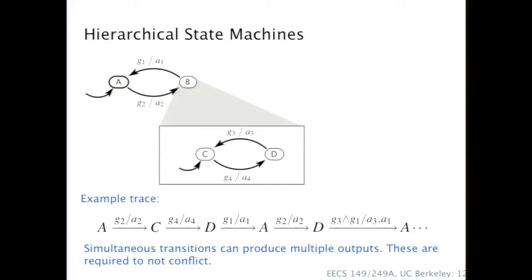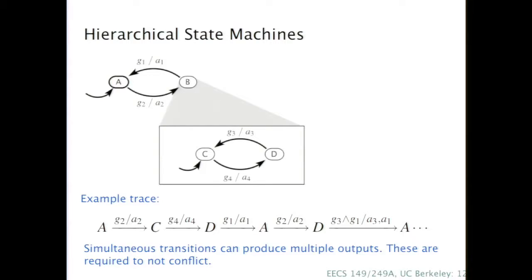Did I let the refinement react in this transition? I actually did, right? I'm in state D. The refinement reacted, but there's no transition out of D that's enabled, so its reaction was to stutter. It just stayed in the same place. And then the higher level state machine reacted.